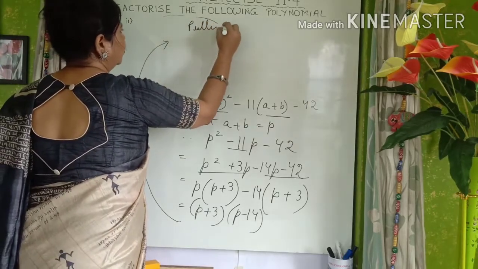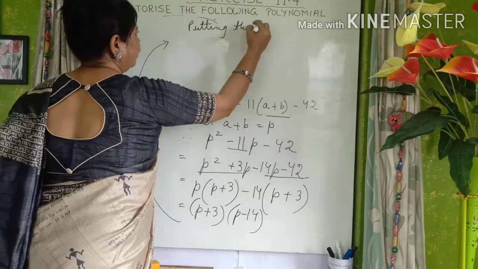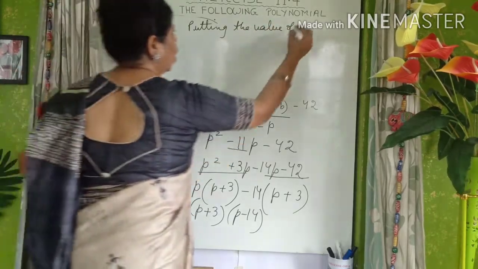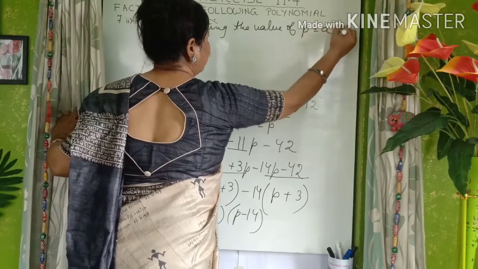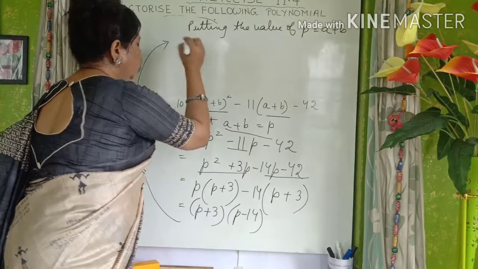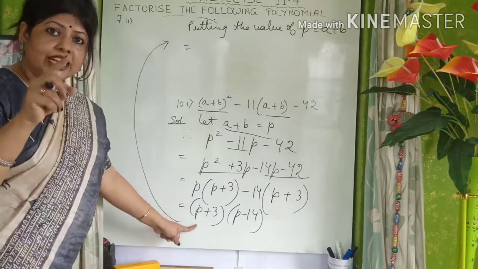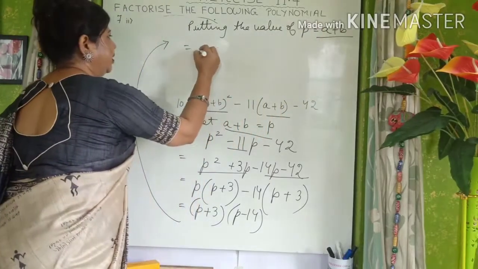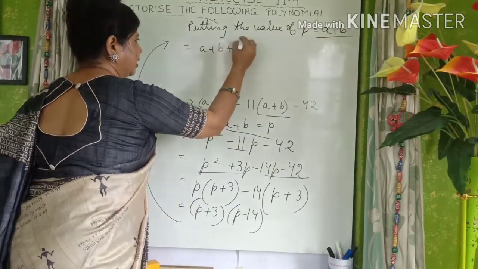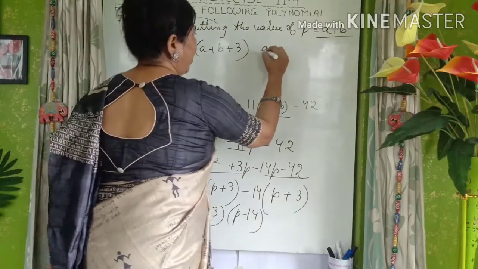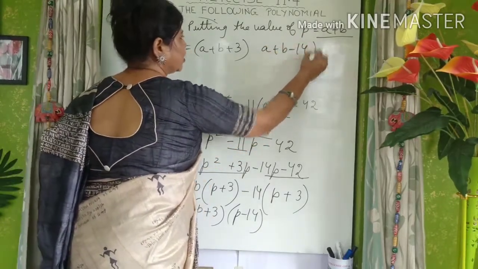Putting the value of P, and that was equal to what? Our P was equal to a plus b. So a plus b plus 3 and a plus b minus 14.